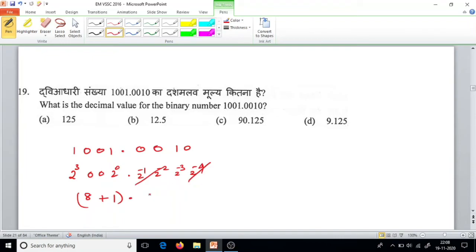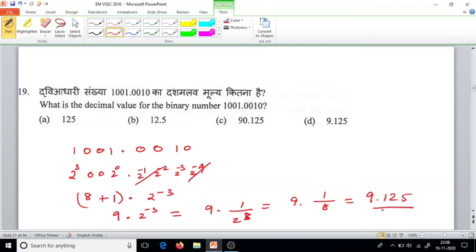Now on the right side, 2 to the power minus 3 is there, which is equal to 1 by 2 to the power 3, which is 1 by 8. So 9 point 1 by 8 comes to 9.125.